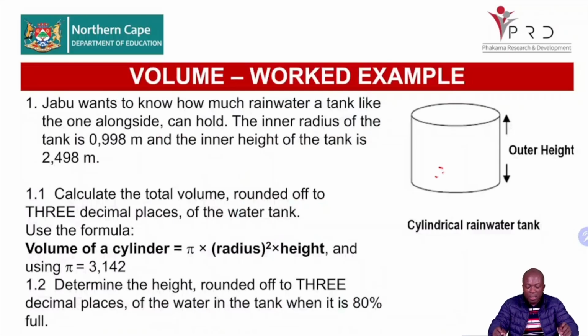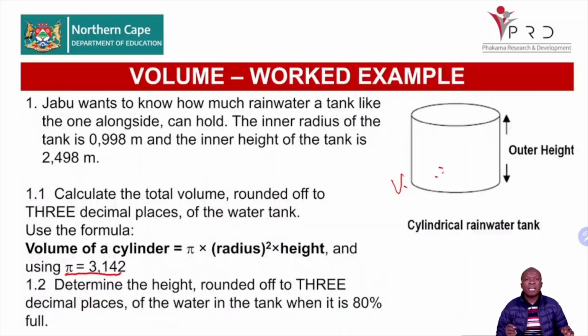The first question asks: calculate the total volume, rounded to 3 decimal places, of the water tank. Question 1.1 says use the formula: volume of a cylinder is equal to pi times radius squared times height, and the value of pi is 3.142.